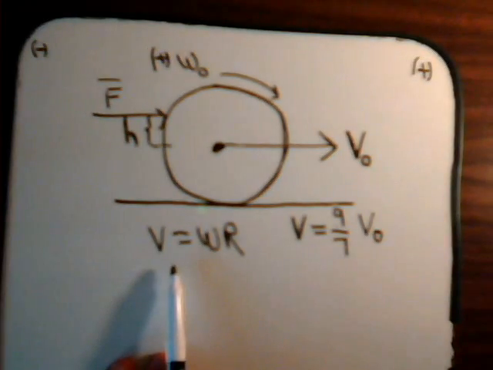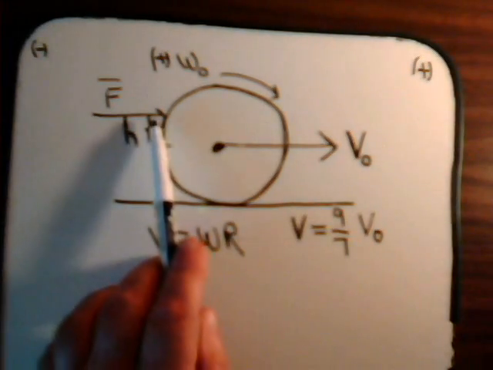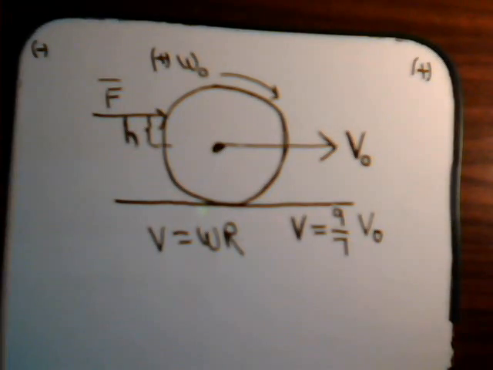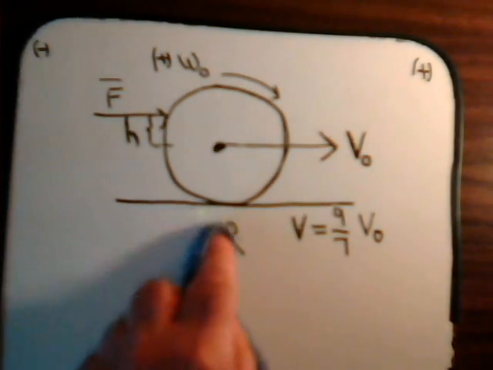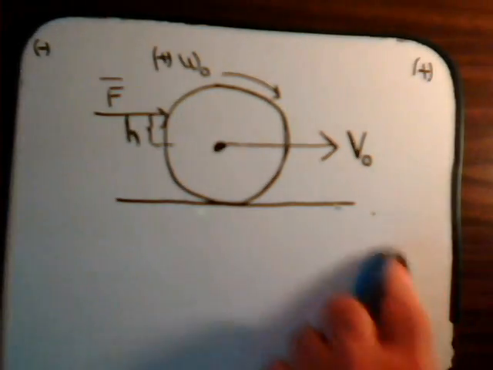So when it goes into pure roll, its linear velocity is greater than what it was at the time when it was struck by the cue stick. And we're going to analyze that problem by considering the angular momentum of the ball about different reference points.